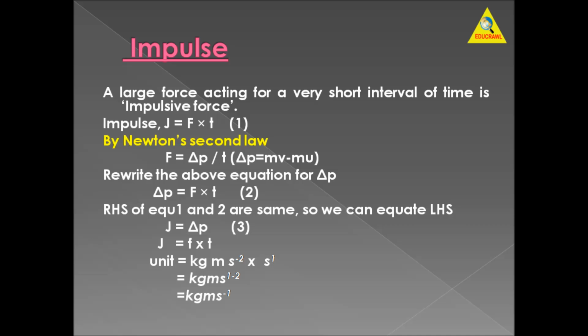Next, we are going to multiply these two units. When we multiply, the powers we have to add. So the unit becomes kilogram meter s power 1 minus 2. We are adding minus 2 and 1. Hence the unit becomes kilogram m s power minus 1. This is the unit of impulse.